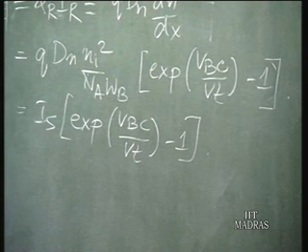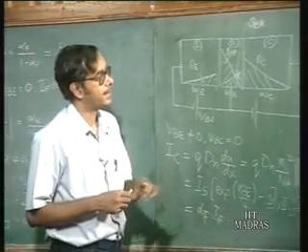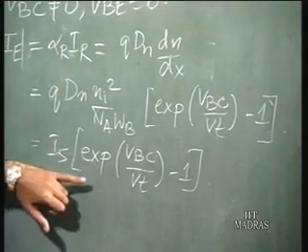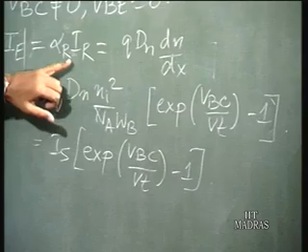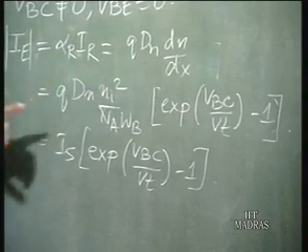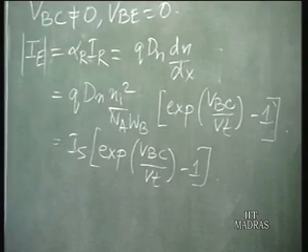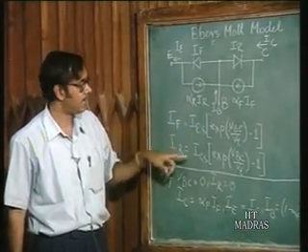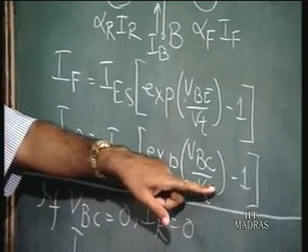Now, if you look at these expressions, alpha r IR is equal to Is exponential VBC by VT minus 1. Now, what is IR? If you look at the first figure here, IR is equal to ICS exponential VBC by VT minus 1.